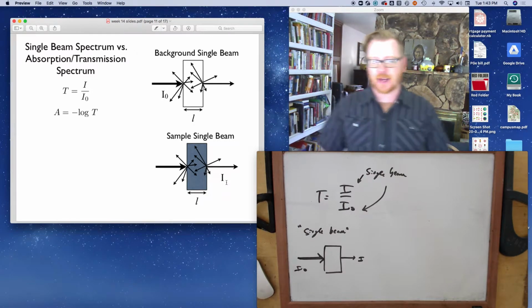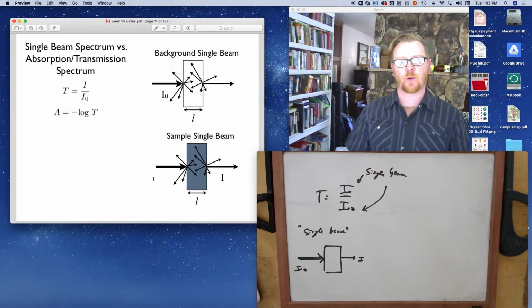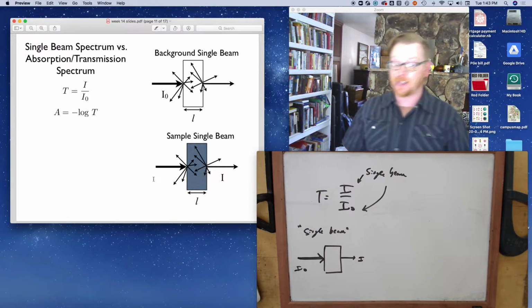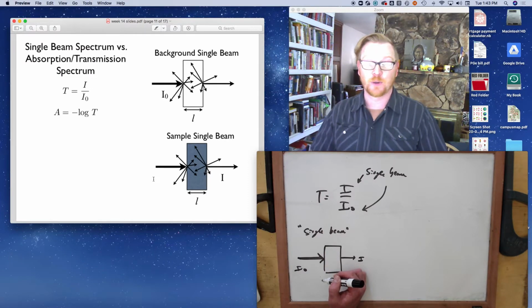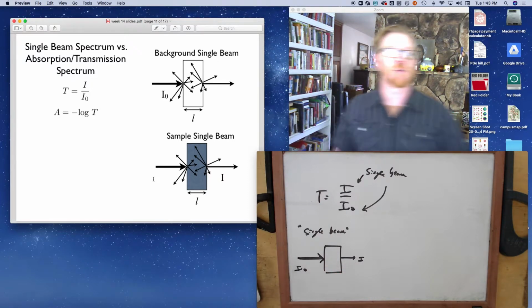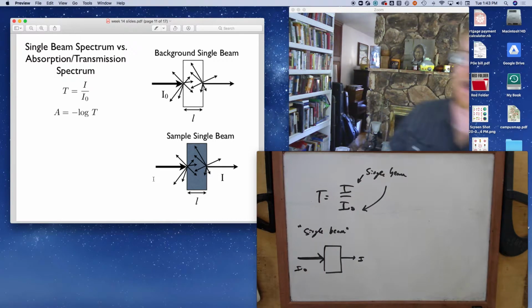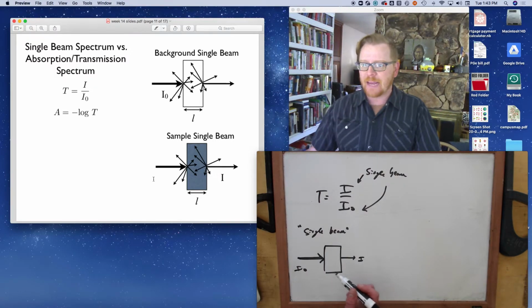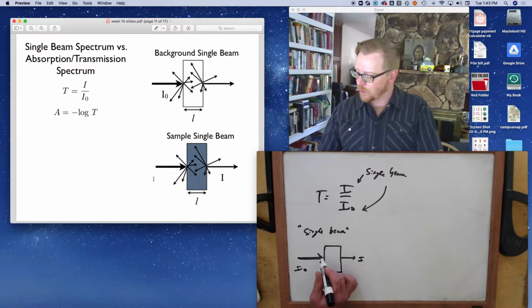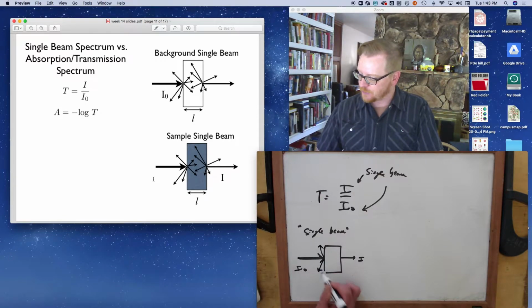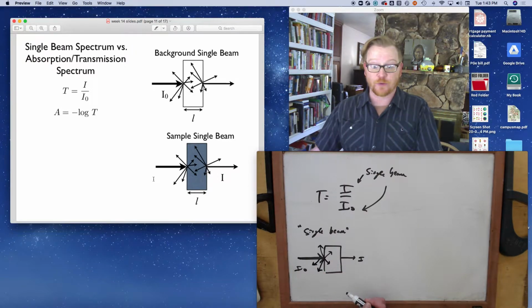That wouldn't be very useful though. The reason for that is, you notice on my picture here, because this is not atomically smooth, you can get a lot of diffuse reflectance off of this beam. I just had to close the window because I was getting a lot of refraction. How about that? So there's tons of diffuse scattering that occurs when the beam hits the glass.